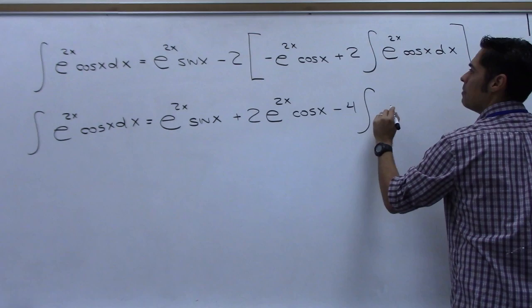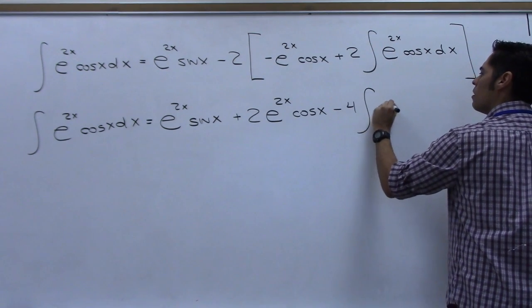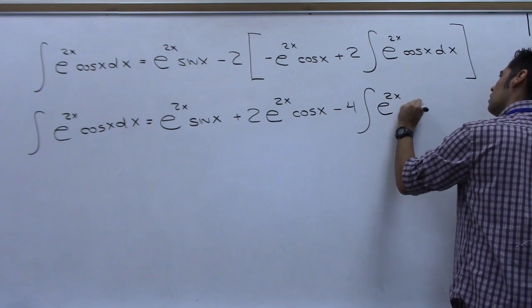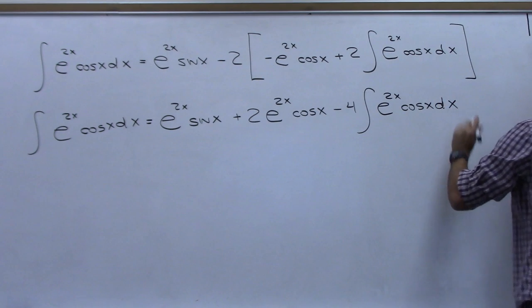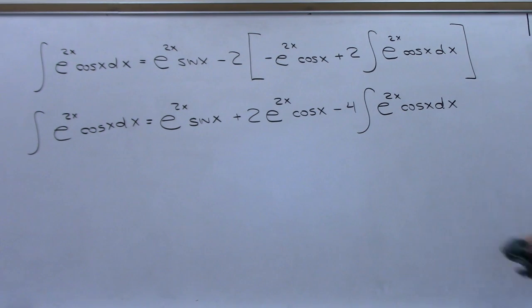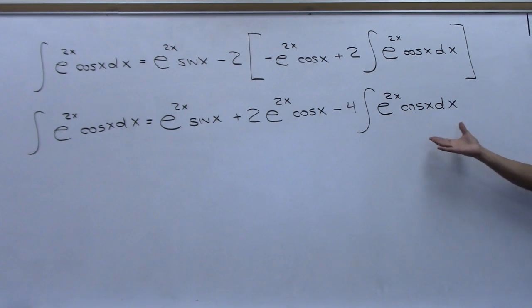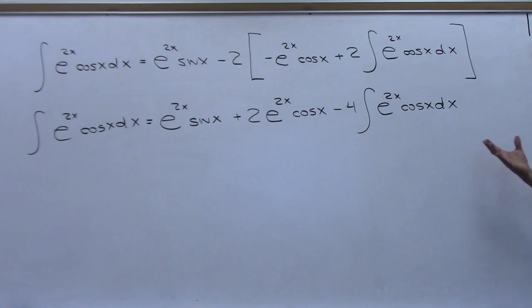Those are the types of things I can do. So I've removed the brackets by distributing a negative 2 through. Did I do that right? Yes? So at this point, I can add, subtract, multiply or divide anything on both sides, except I can't multiply both sides by 0. That's illegal. So watch what I'm going to do.